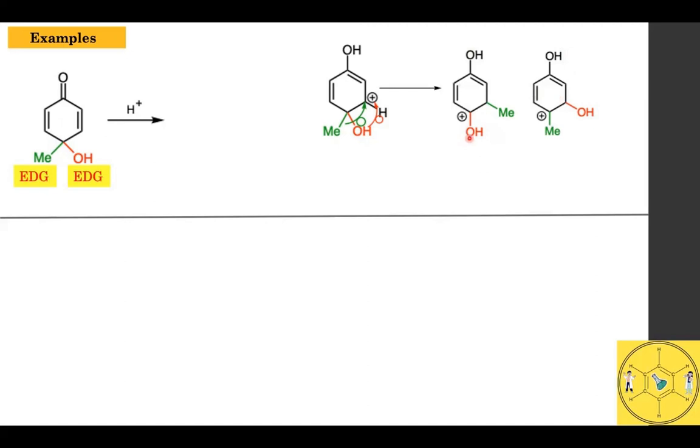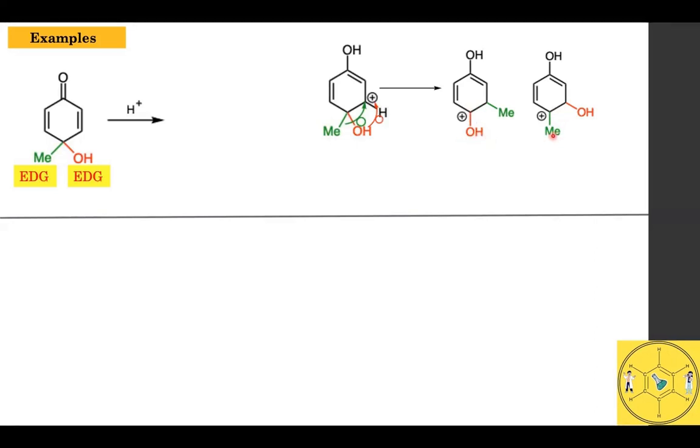Now we should think about which carbocation is more stable. Take this carbocation: it is directly attached to the hydroxy group. In general, oxygen is very good at stabilizing a positive charge on an adjacent carbon through the resonance effect.